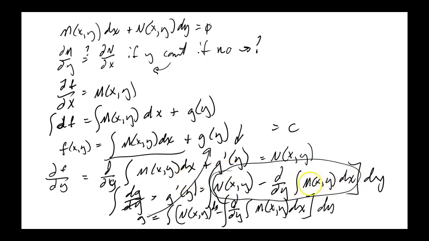You've integrated out the x there. So this partial with respect to y, I think, could be a derivative with respect to y. Okay? You've integrated that. That's not completely true, but let's do it.